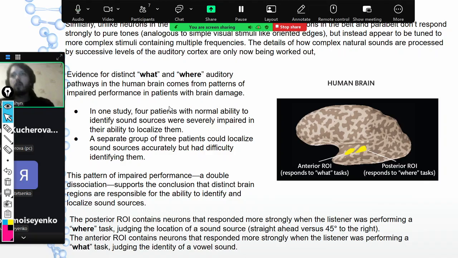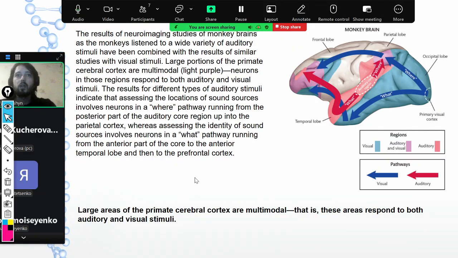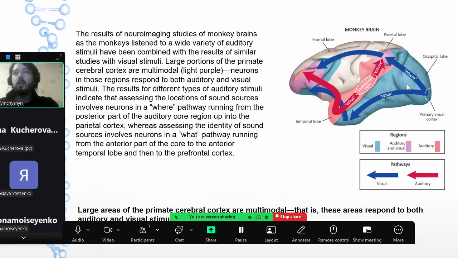Okay. So here you see in that auditory complex different parts, like parts that go what and where. One of them is more involved in processing what is the object emitting that sound, and the other one is involved in the process of where is the object emitting that sound. Here you have this sort of brain that shows different pathways, like these what and where pathways.